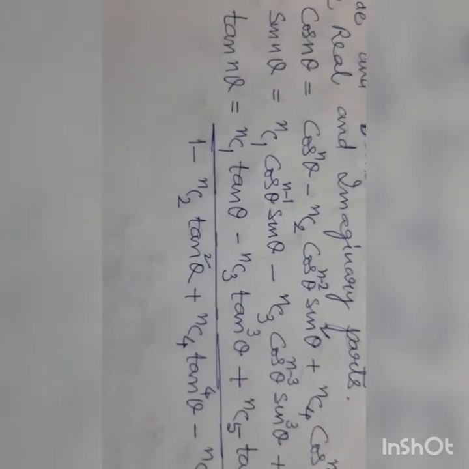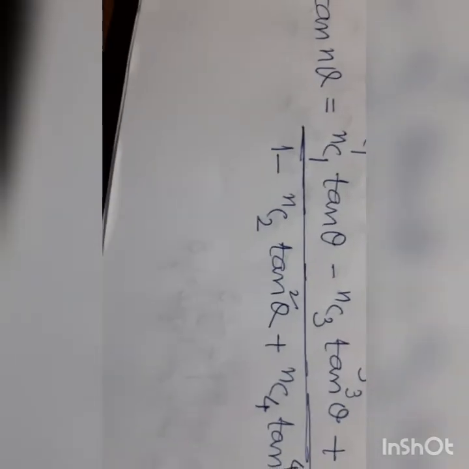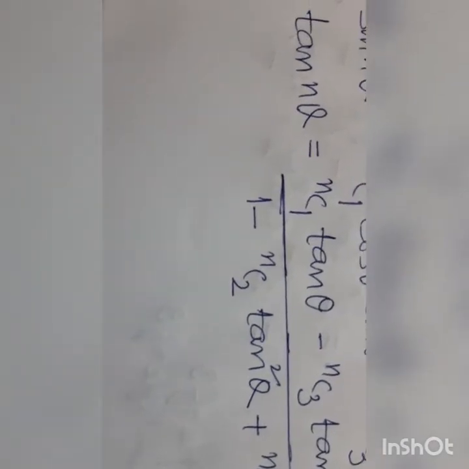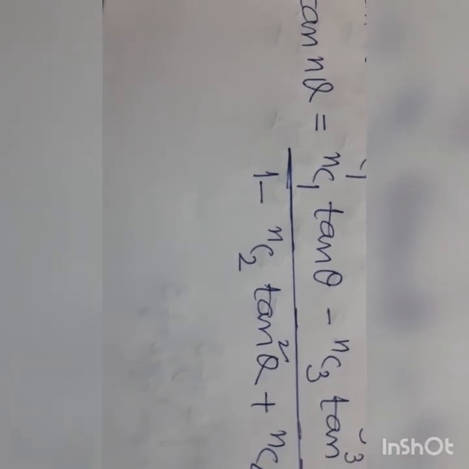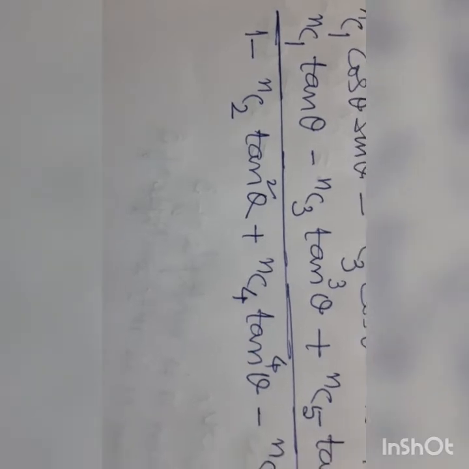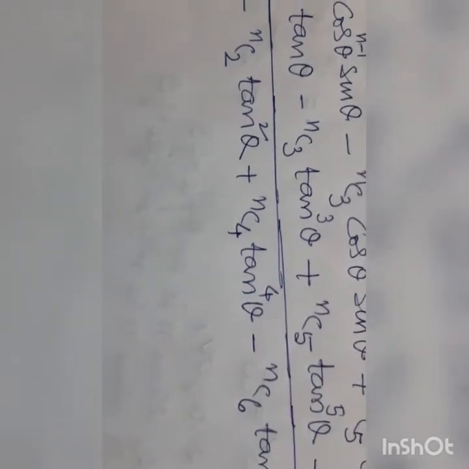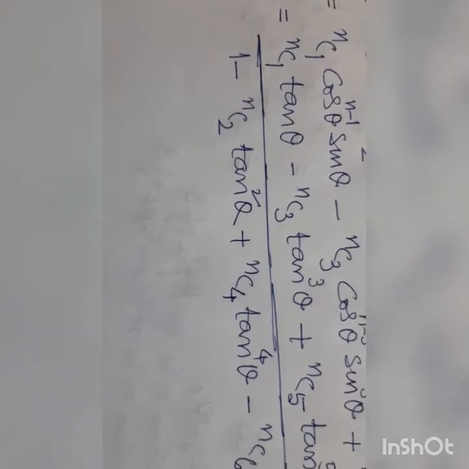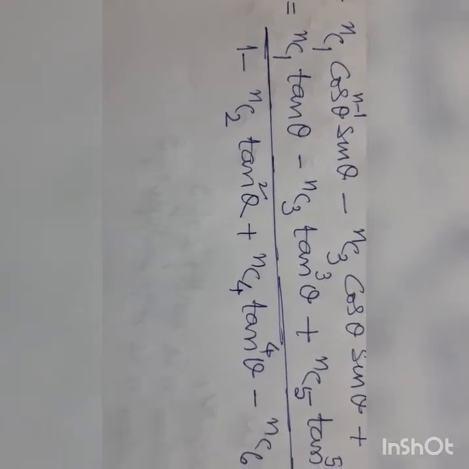For tan n theta equals nC1 tan theta minus nC3 tan cube theta plus nC5 tan power 5 theta. Like this, all alternate signs will be changing, but 1, 3, 5 will be coming.